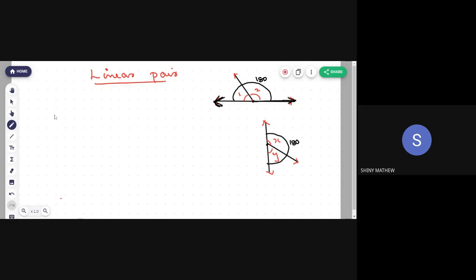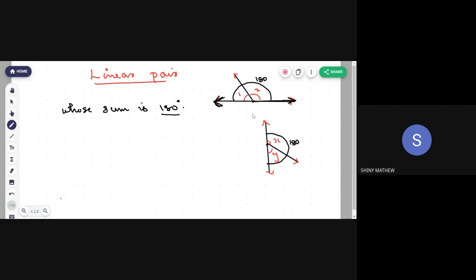Then below you can write one more definition. Linear pair is a pair of adjacent angles whose sum is 180 degree.